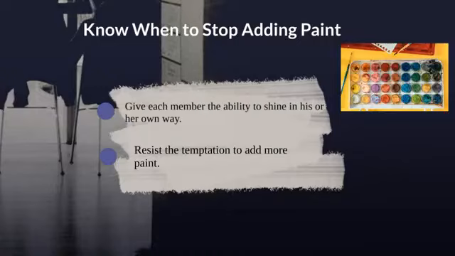Then, like the painter in the good enough software, resist the temptation to add more paint. Don't spoil a perfectly good program by over embellishment and over refinement. Move on and let your code stand in its own right for a while. And so, know when to stop adding paint.